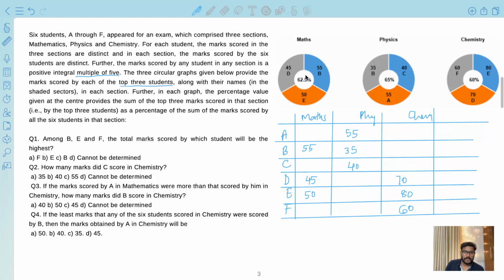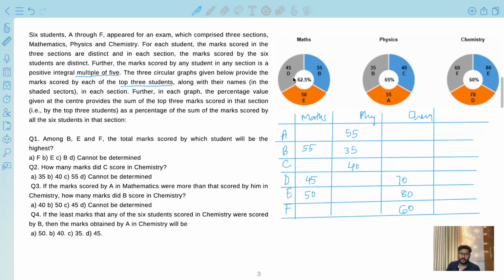So what is this percentage? In each graph, the percentage value given at the center provides the sum of the top three marks scored in that section as a percentage of the sum of the marks scored by all the six students in that section. Here the top three students are there.